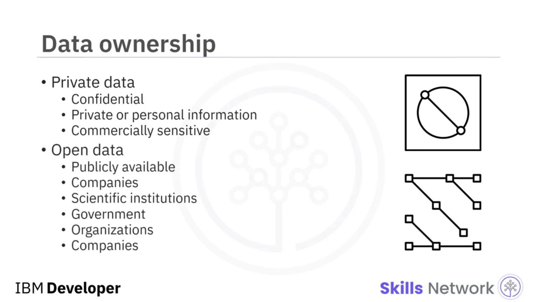Over time, many public and private entities, such as scientific institutions, governments, organizations, and even companies have started making datasets available to the public as open data, providing free information. For example, the United Nations and federal and municipal governments worldwide have published many datasets on their websites covering the economy, society, healthcare, transportation, the environment, and much more.